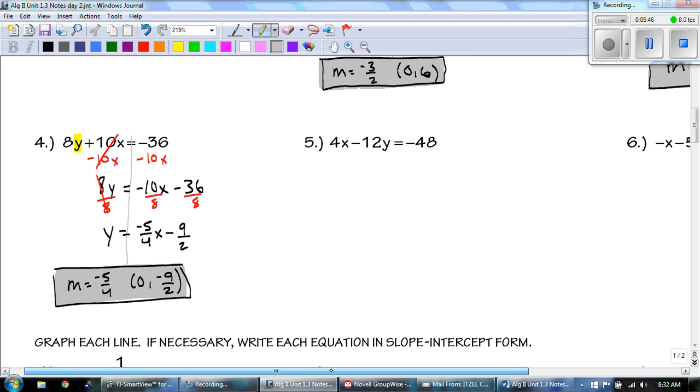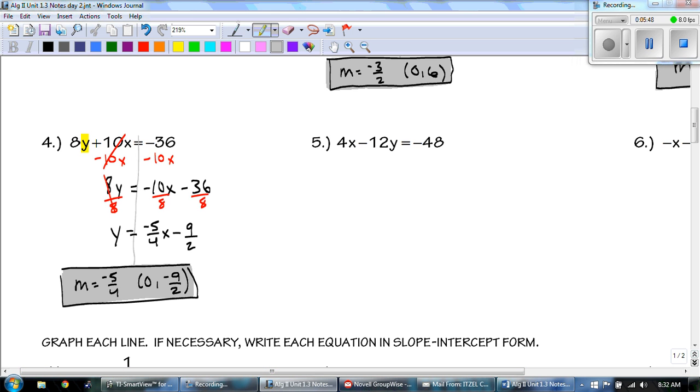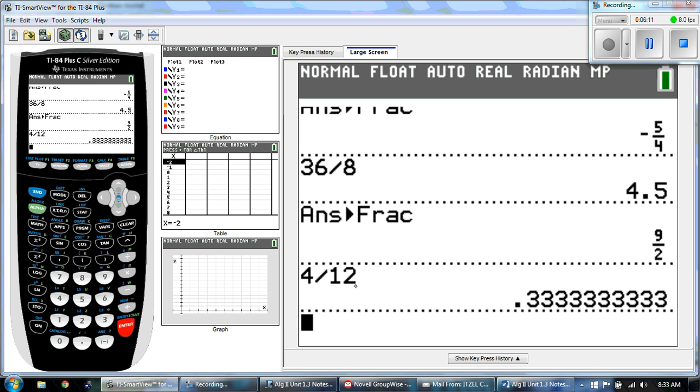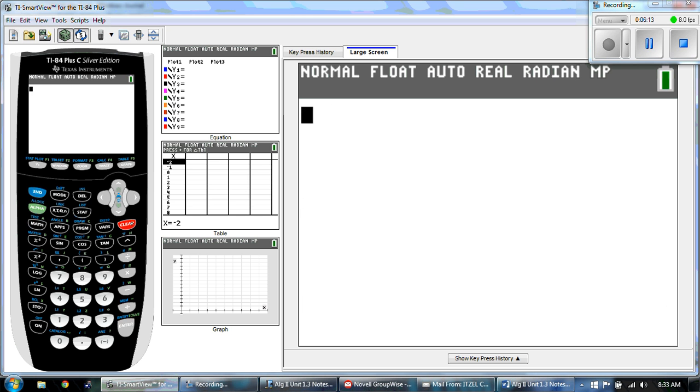Okay? So why don't you try number 5 on your own? Go ahead and pause the video, and good luck. Remember, we're solving for y. Okay, so you should have gotten y equals 1/3 x plus 4. Now, I just double checked my math because I didn't do the negatives.